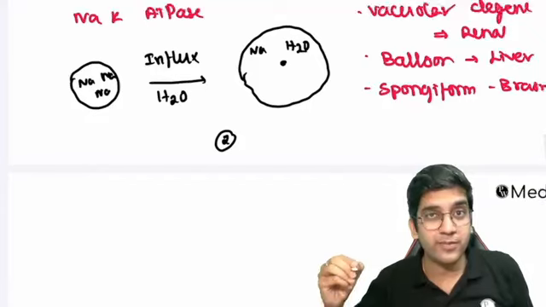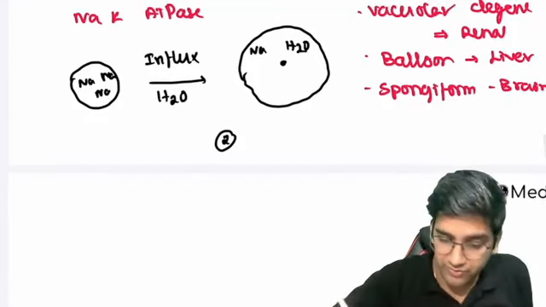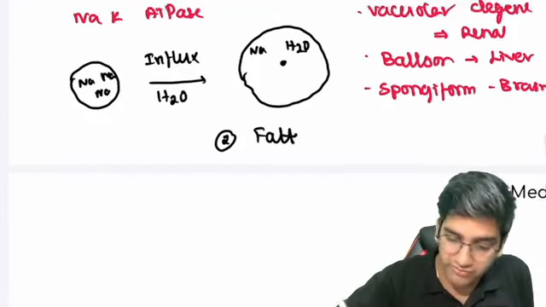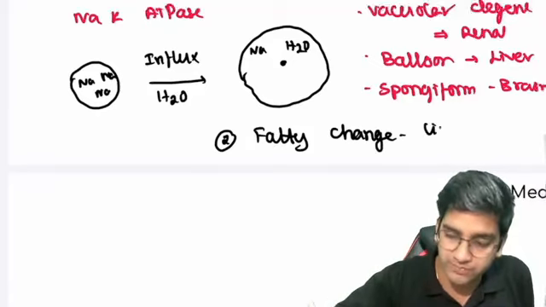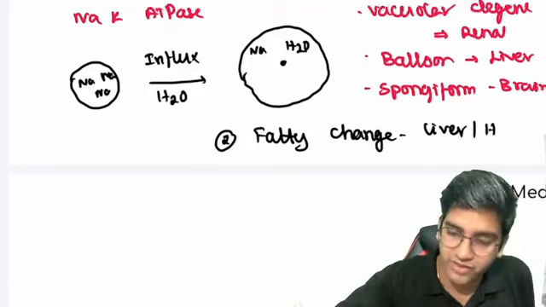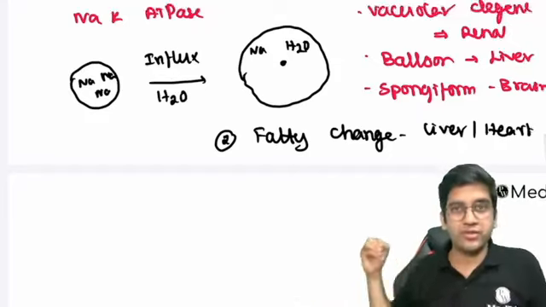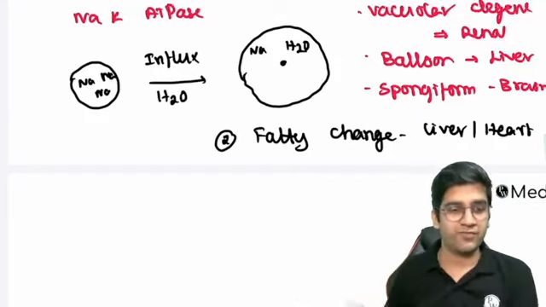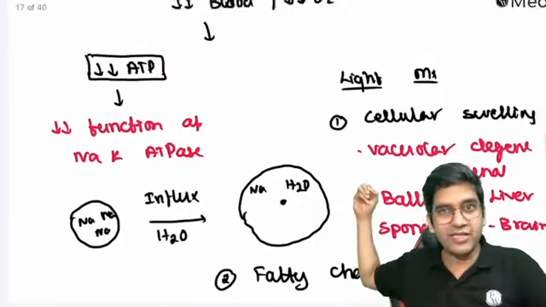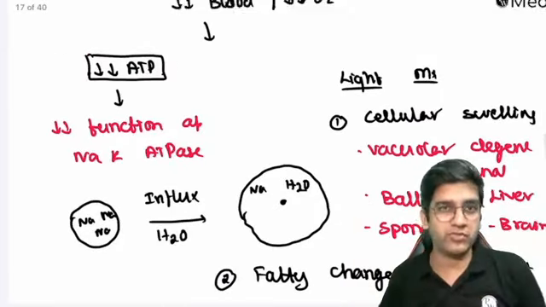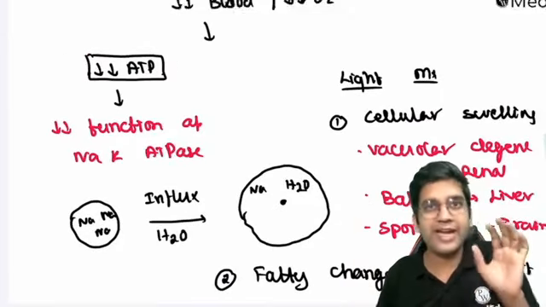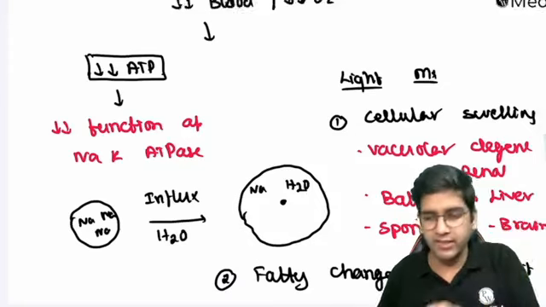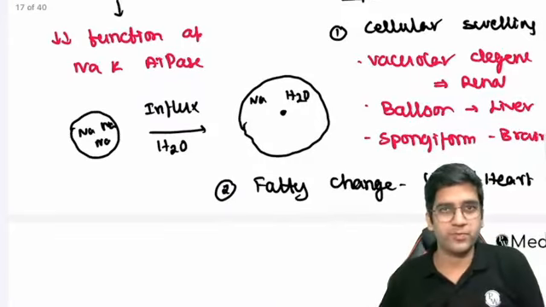Not every cell will have fatty change, but there are definitely a few cells which will have fatty change. Fatty change is seen in liver and fatty change is seen in heart. So this is unique for a few organ systems only, heart and my liver, fatty change. Rest, cellular swelling will be seen in every organ from my head to foot. So this happens because of my ATP reduction. Very simple finding, right? In my light microscopy, I'm going to have these changes.